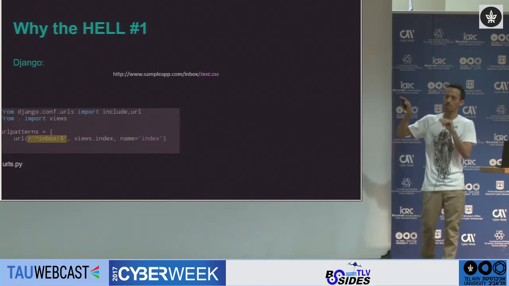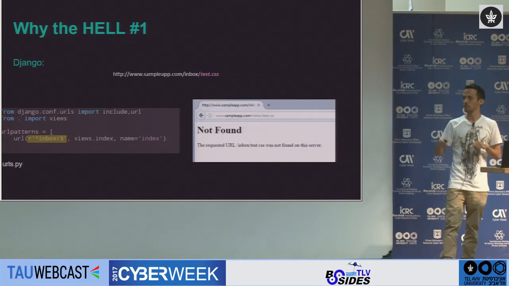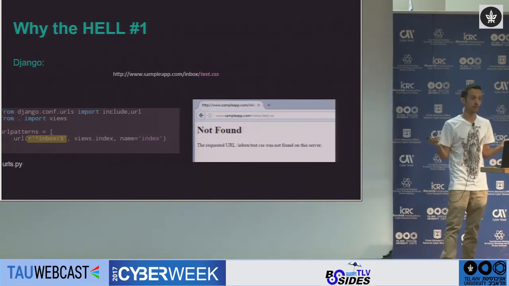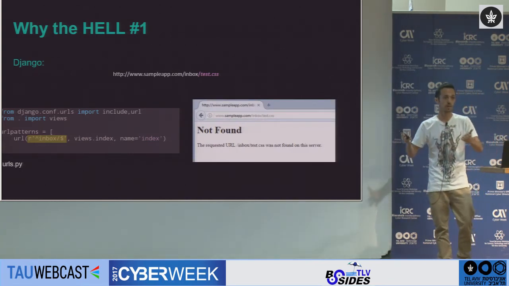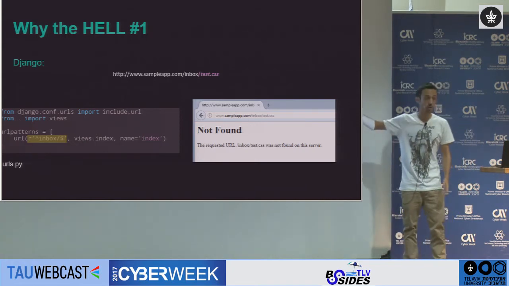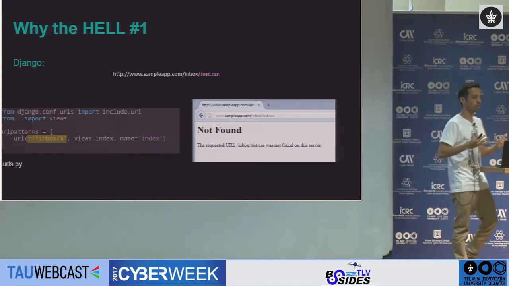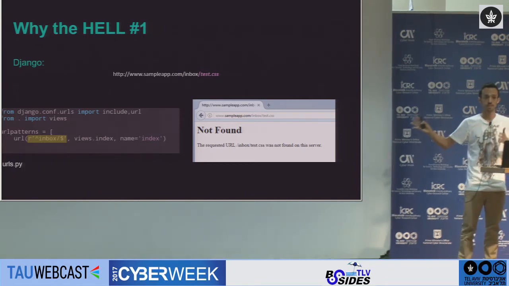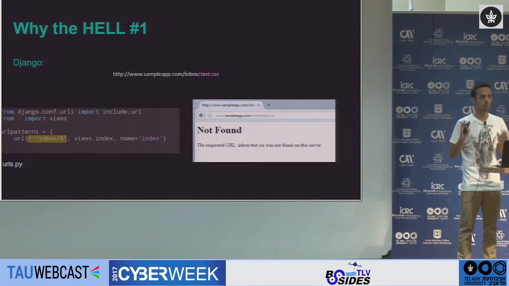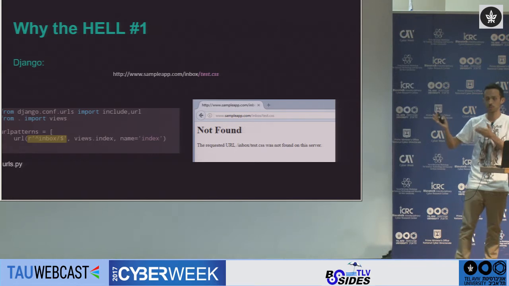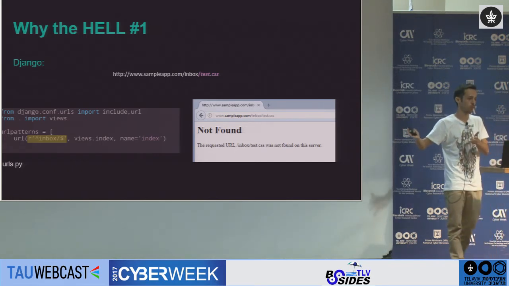If we try to access this URL, we will receive a 404 error. We just solved it by adding the $ sign. Why is that? Our URI indeed starts with inbox, then we have a trailing slash, but our URI doesn't end there, so we don't have a match for the regex, and we just solved this problem for a Django web application.